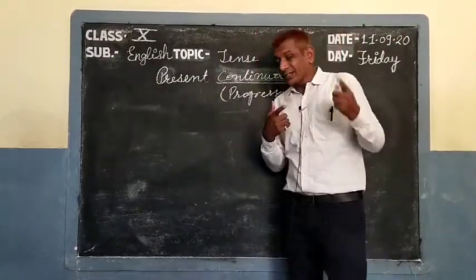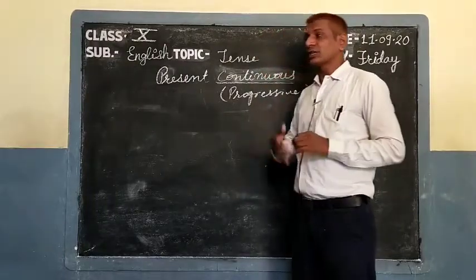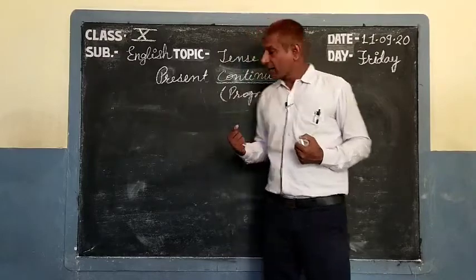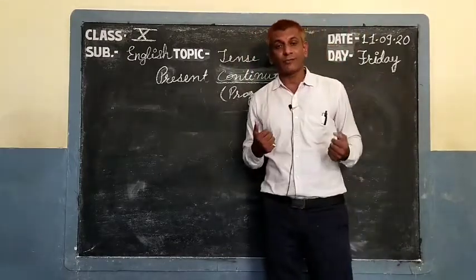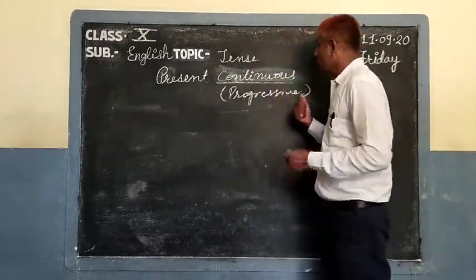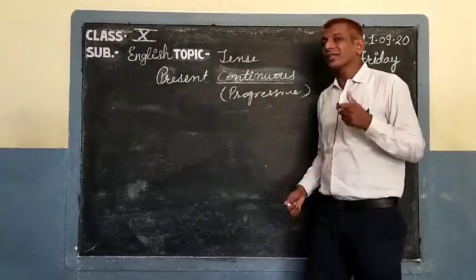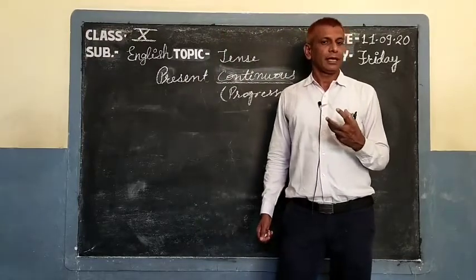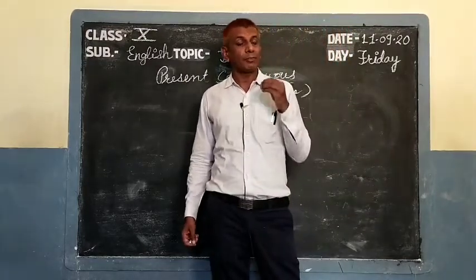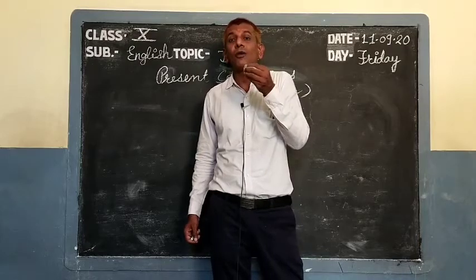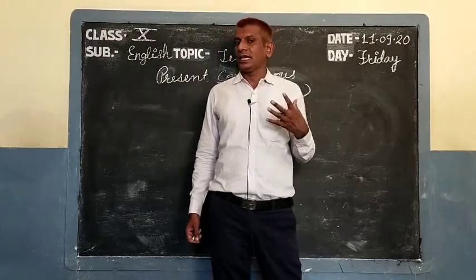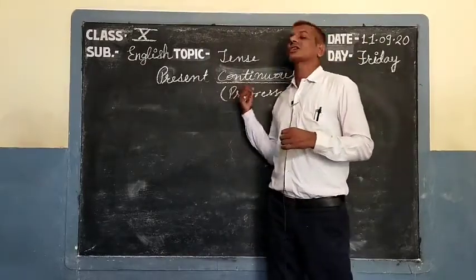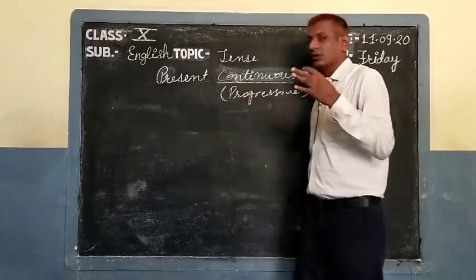So there, if you remember, we use the continuous form, means participle, present participle form, progressive form, present progressive form. So how we use that means wherever you see the progressive form, wherever you see the present participle form after the subject, that sentence is of present continuous or present progressive.